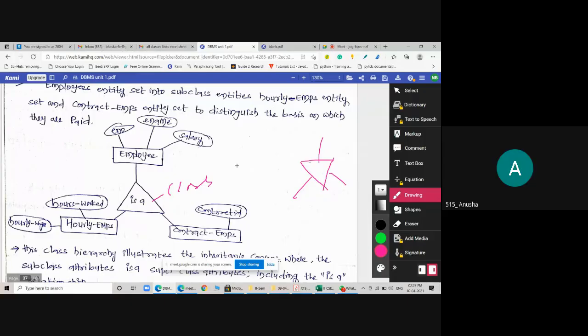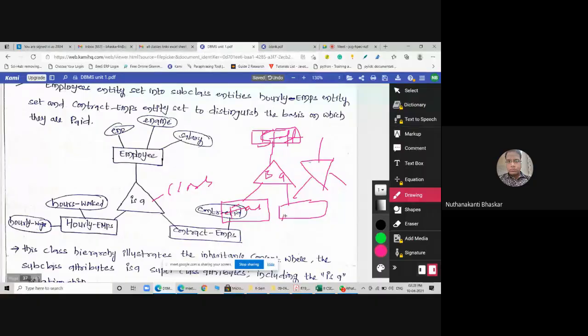In the same way, I can design one more sample here. I can write here staff, which is a class hierarchy. Remember always, class staff may be the faculty, may be non-teaching, may be administrative, like that.